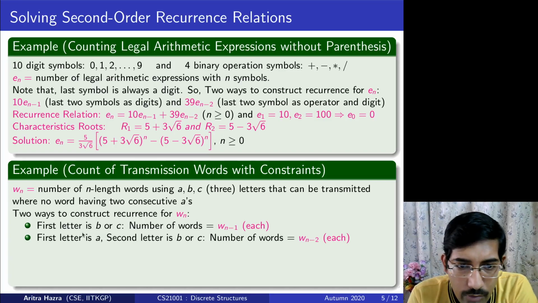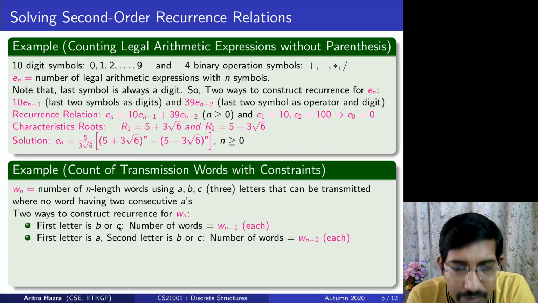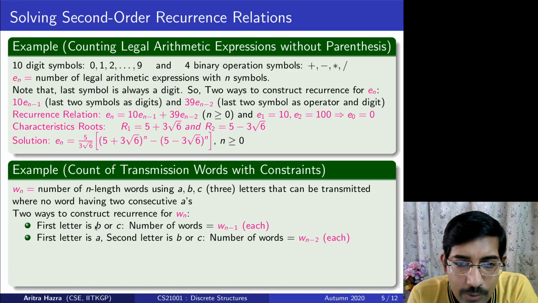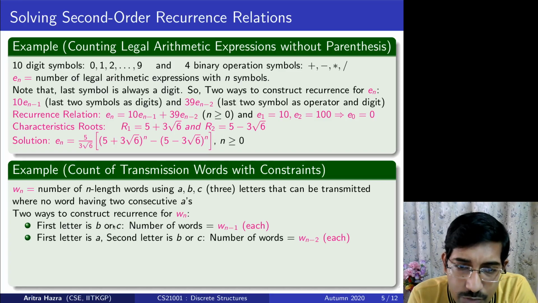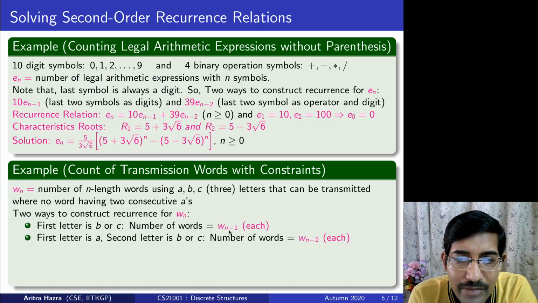And now if my first letter is not A but B or C, then what will happen? Then the number of words possible, since 2 consecutive A's are prevented, with B and C in the first position, the n minus 1 positions will again recursively be my answer.